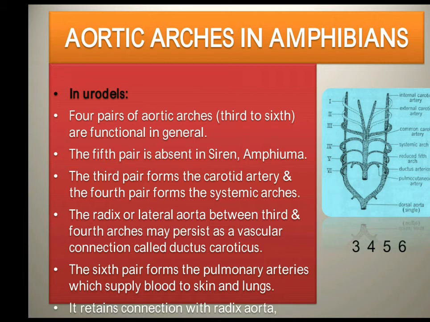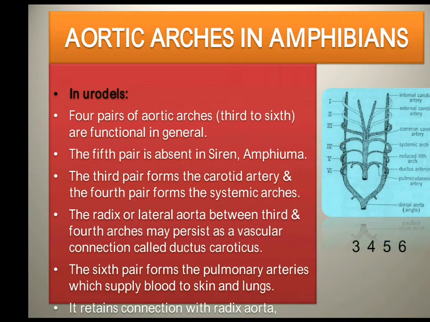Now here I am taking the particular part of the third and the fourth arch and the lateral aorta. Here you can very well see there is a connection between the dorsal aorta from third to fourth. But you will see that this particular connection will be lost in the coming animals.